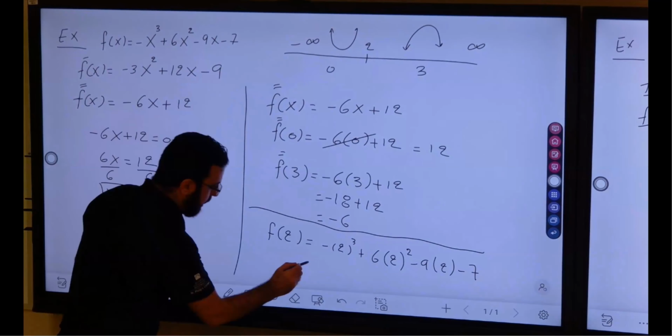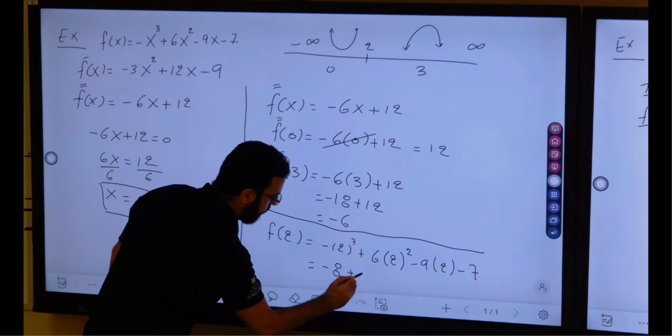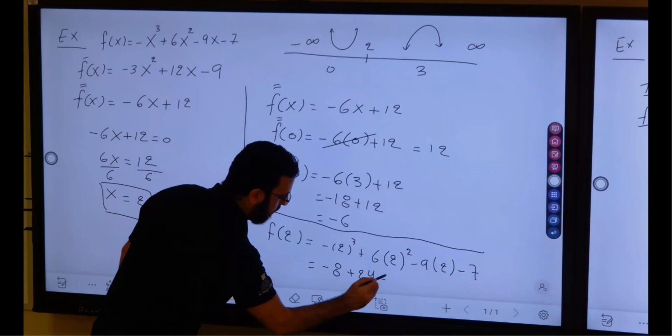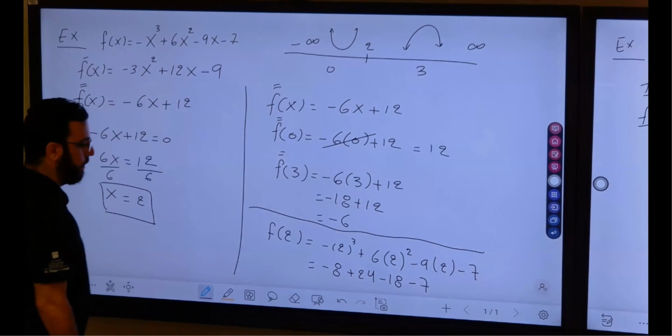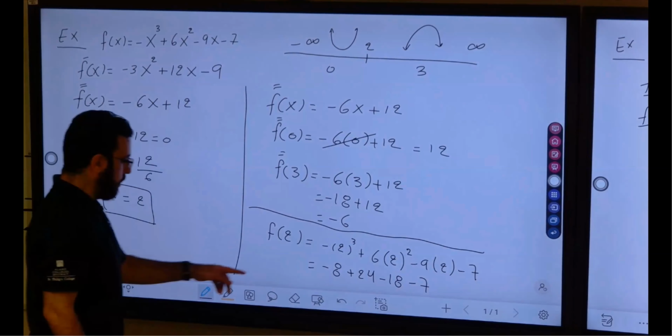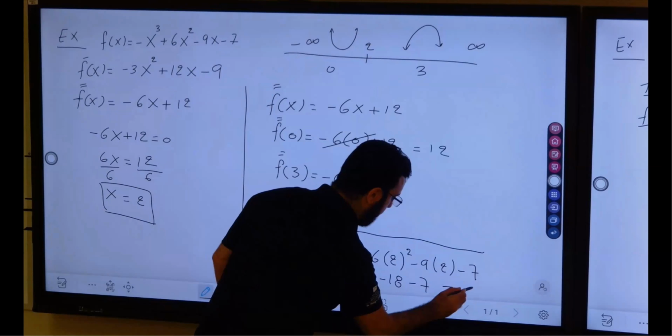So this one is -8 plus 24 minus 18 minus 7. Yes or no? So this is 26, -2, -9. That means it's going to equal -9.